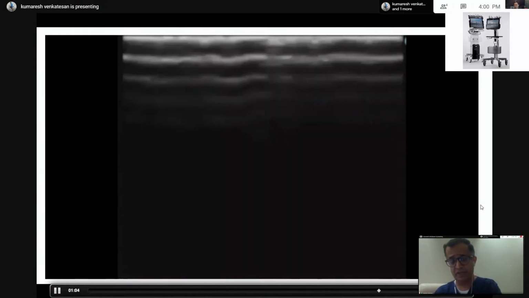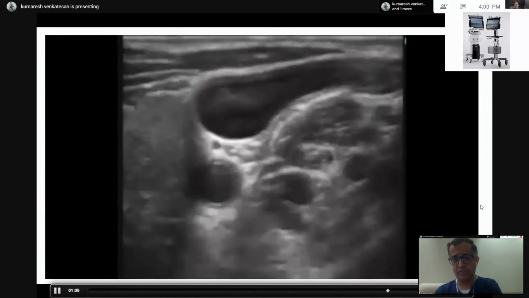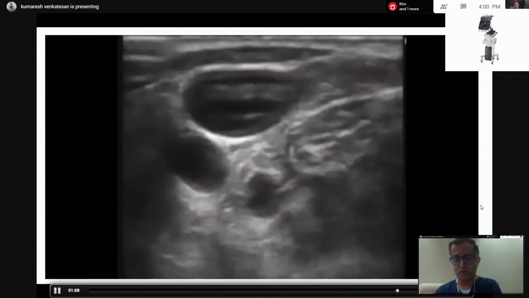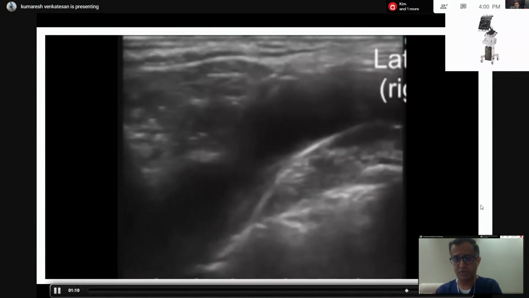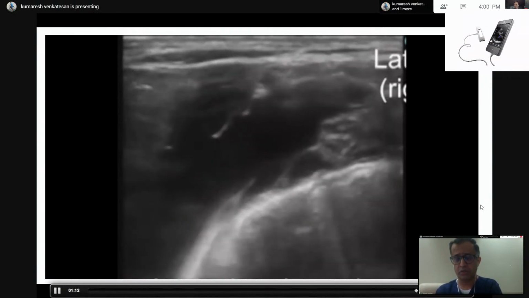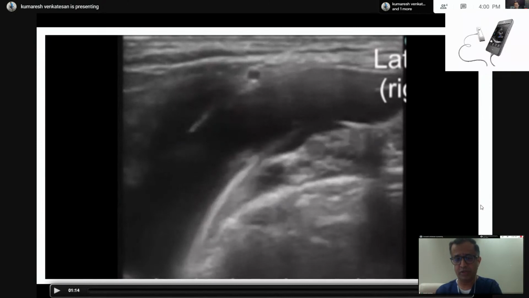So once you've done this, you want to see whether the guide wire has gone into the internal jugular vein or not. He's confirmed that, and then he's looking into the brachiocephalic.